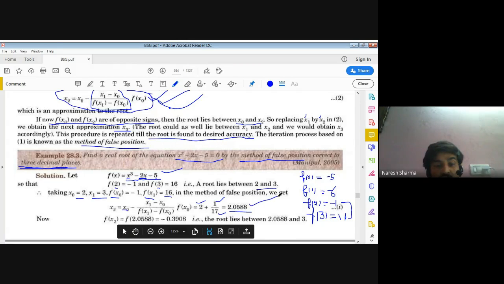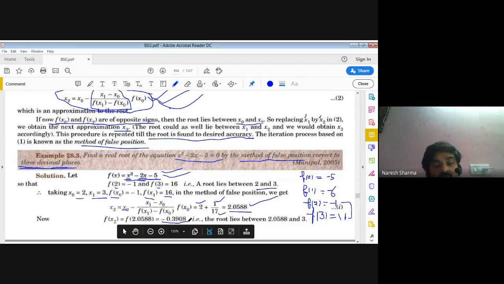Now just put this value in your function. Use a scientific calculator: the cube of this minus 2 into 2.0588 minus 5. After calculating, this value is minus 0.3908.